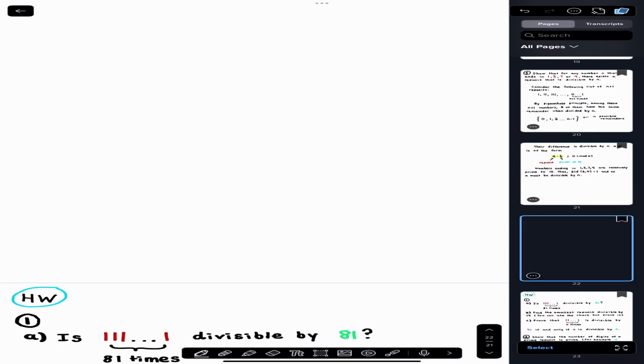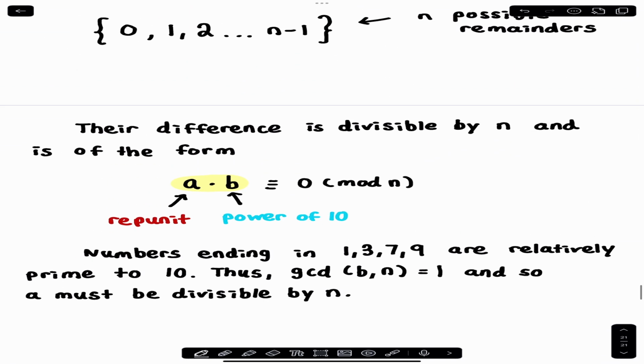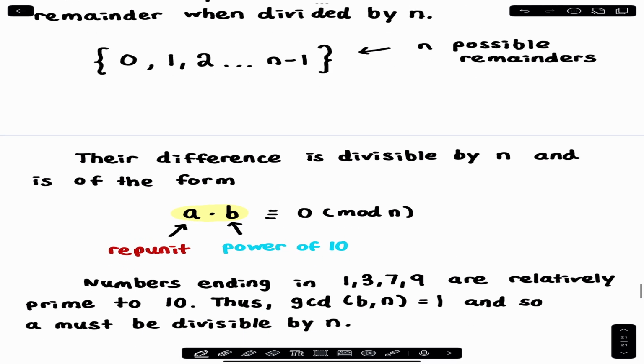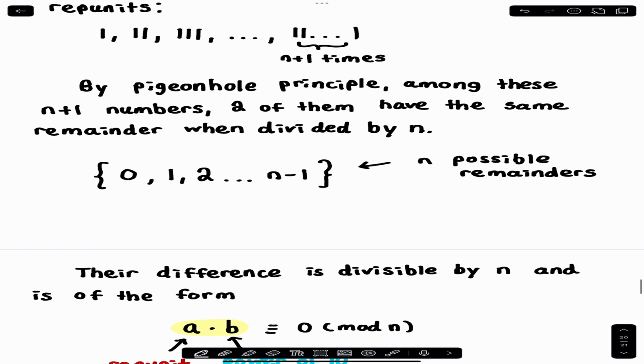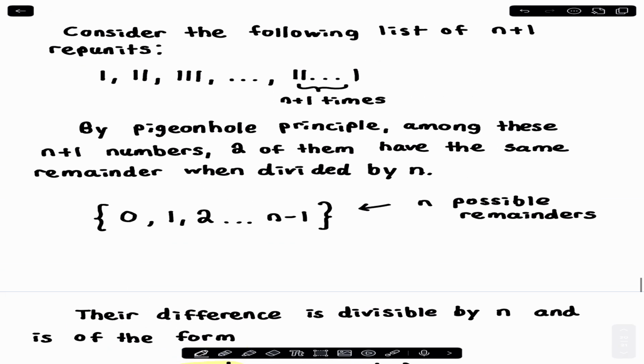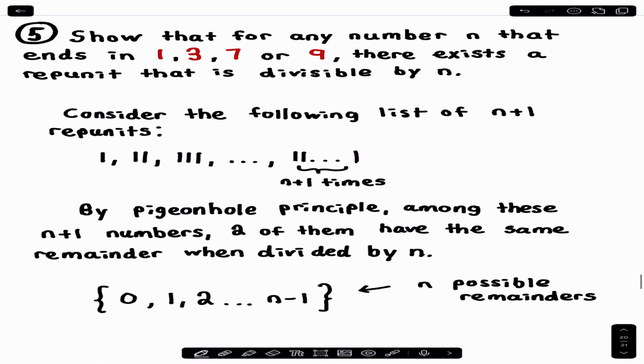Let's take a look at why the difference between these two rep units will look like another rep unit times a power of 10. And the best way to do that is just to pick an example.